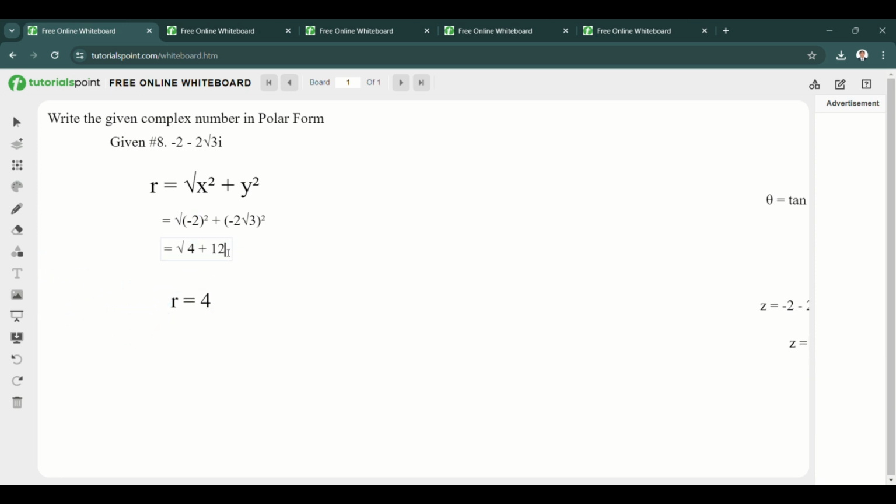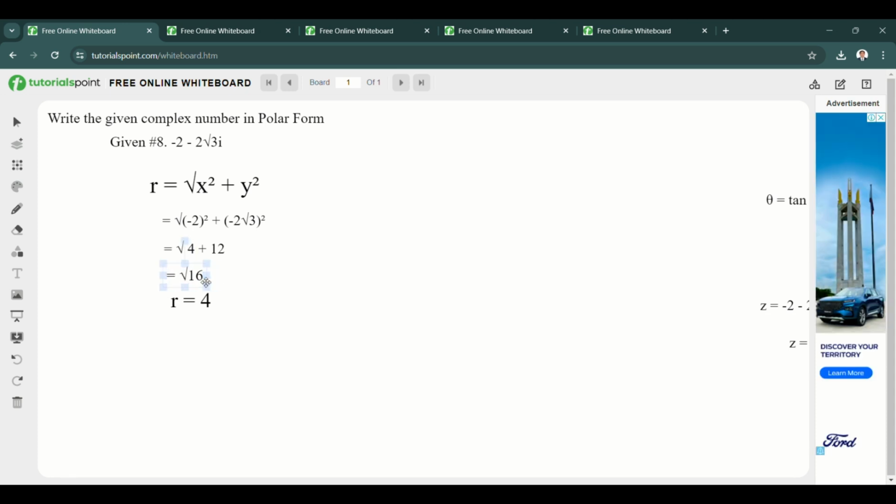Wait, let me write. Equals to 16. So the square root of 16 is 4.